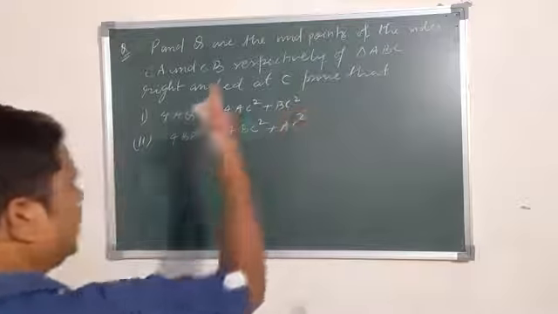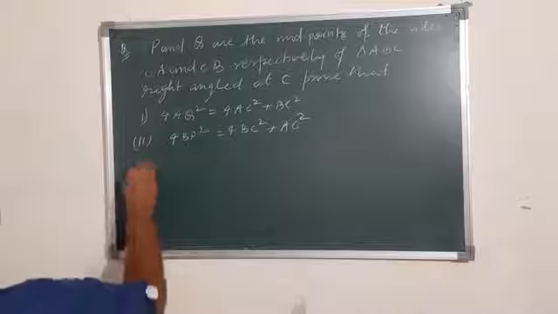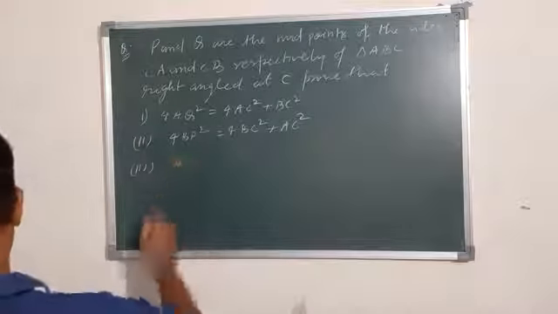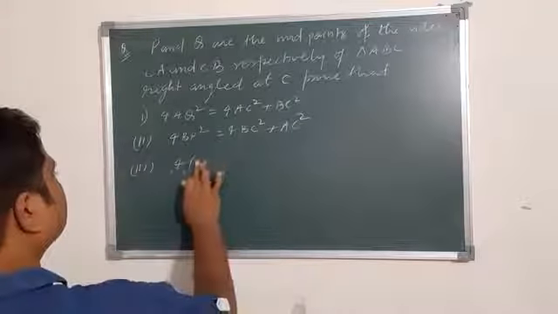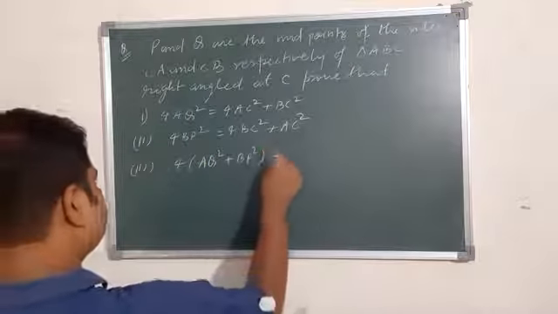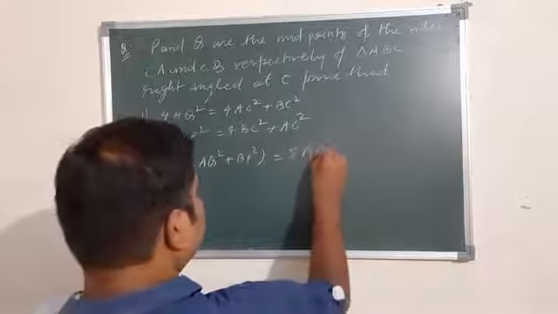You may write with me. Third one, this is 4 times AQ square plus BP square is equal to 5 times AB square.